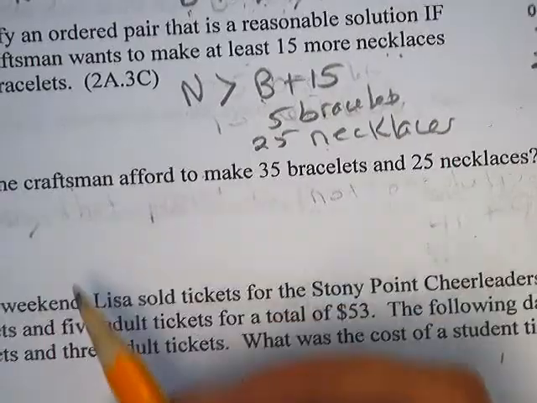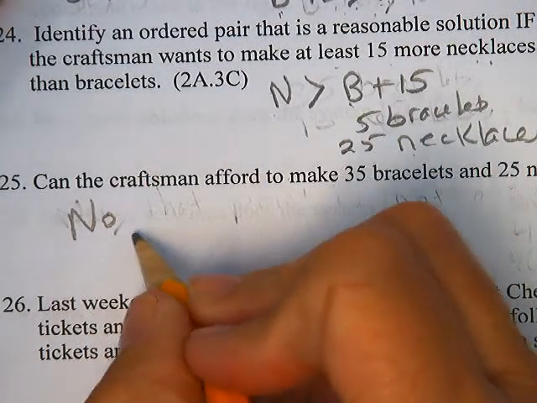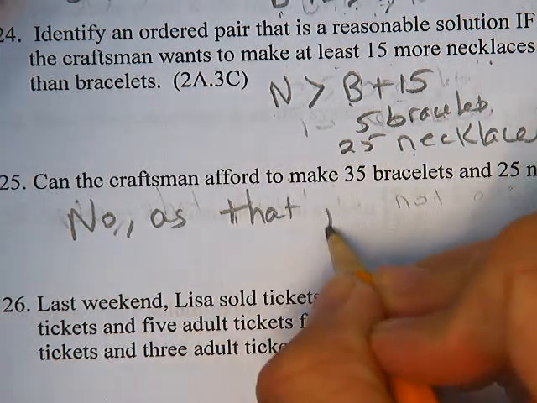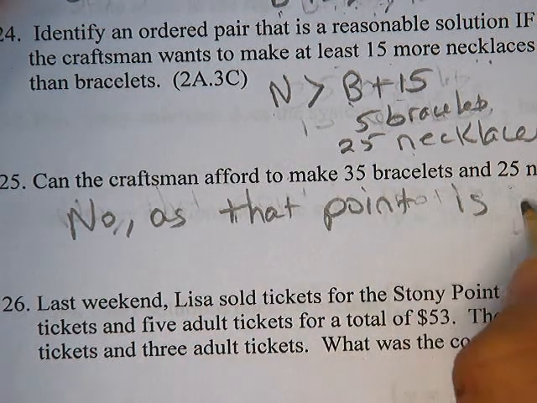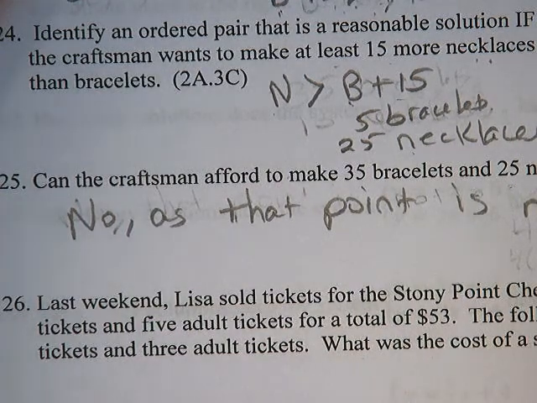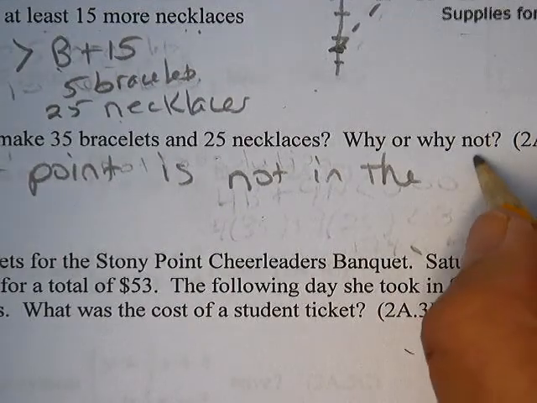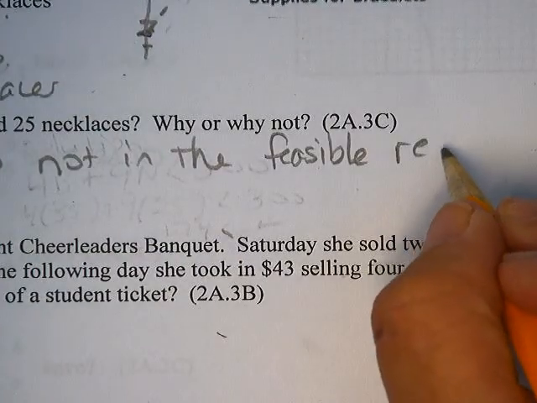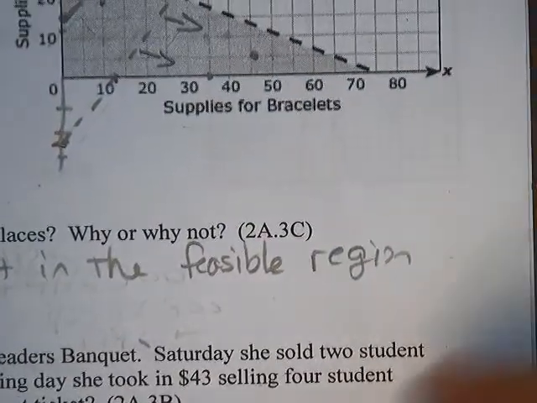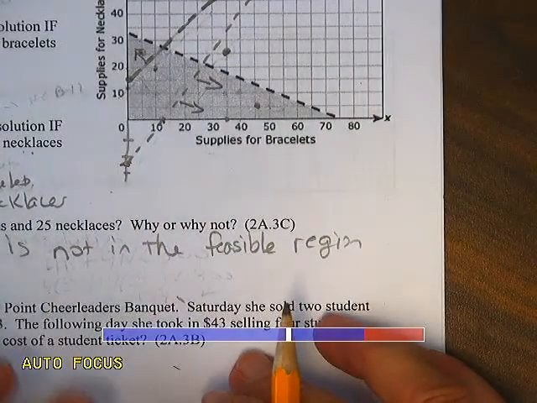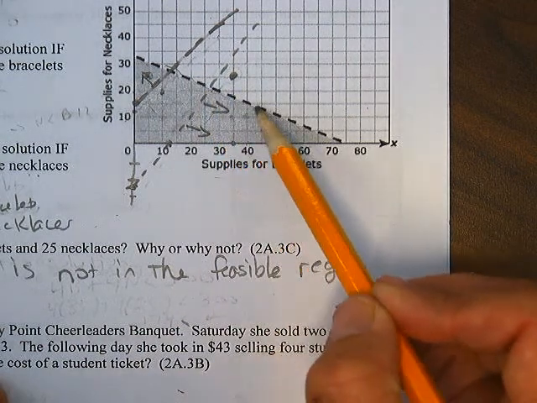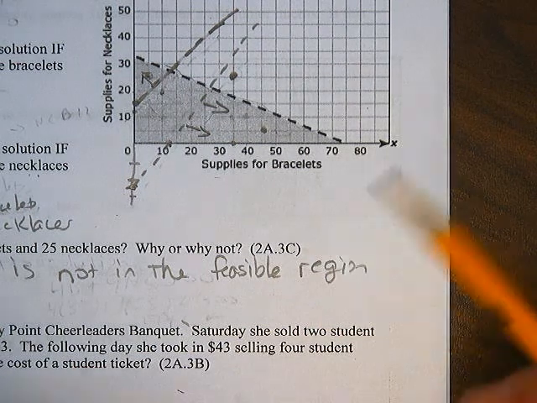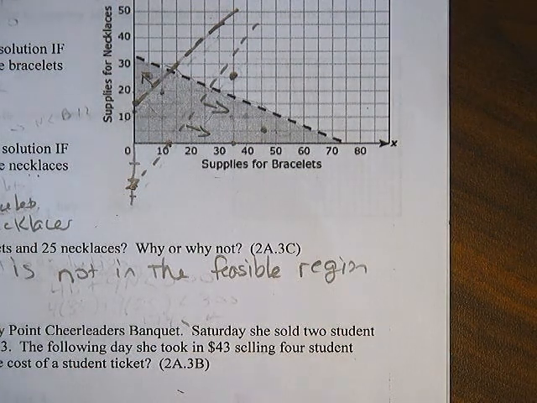So again, if we take a look at that, it is outside of this inequality, and this was the cost inequality that they gave us. So it would cost too much for him to make 35 bracelets and 25 necklaces.